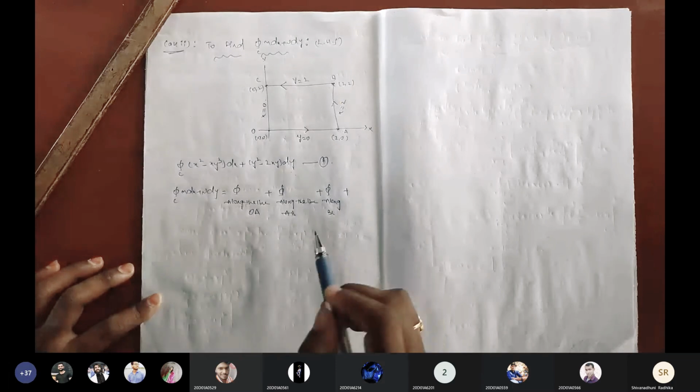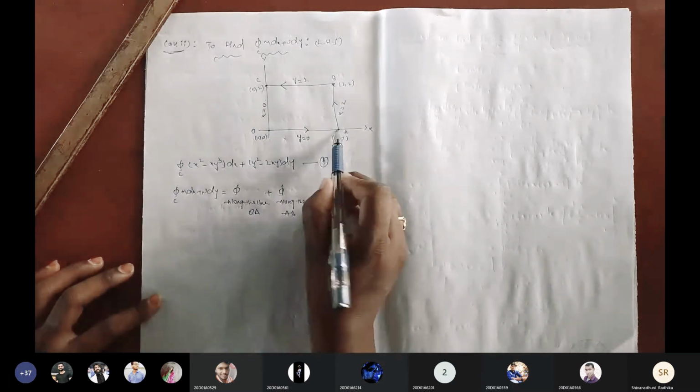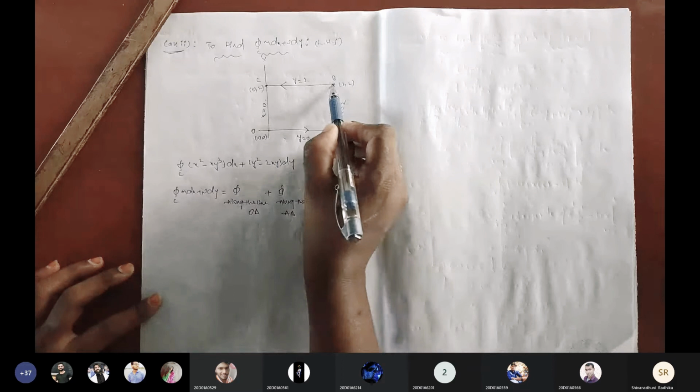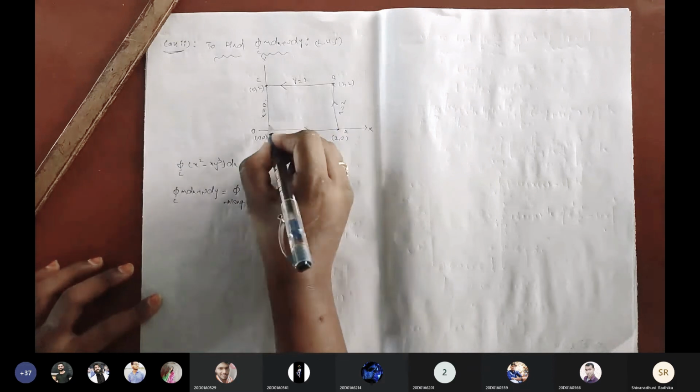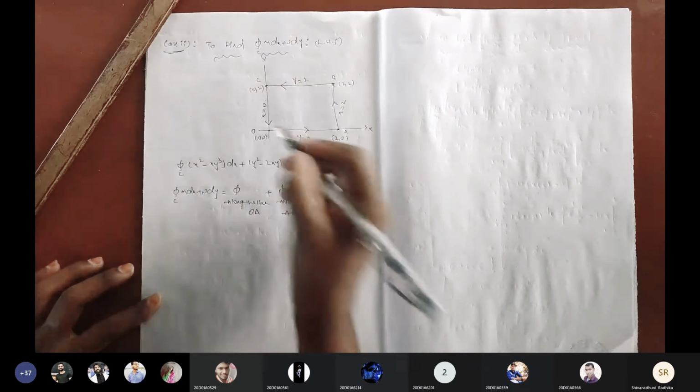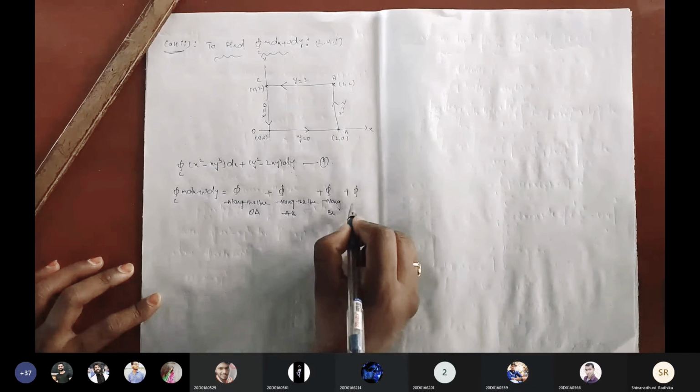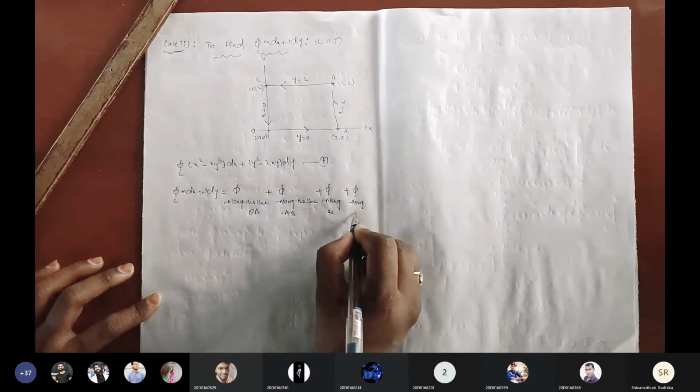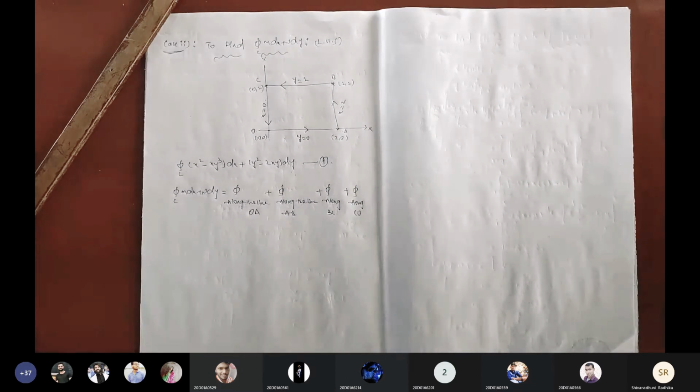Now this is traversed from O to A to B, B to C, and C to O. So this is the direction C to O. Now the line integral along CO. Now the particle journey is completed.